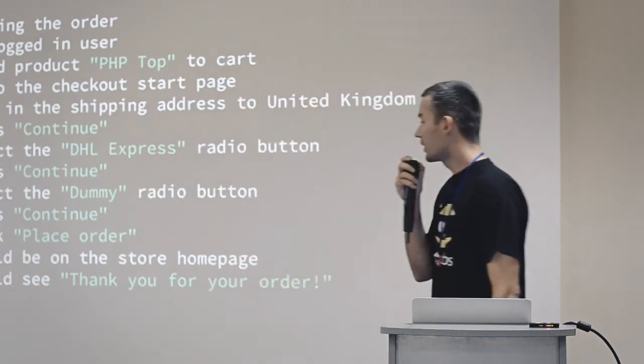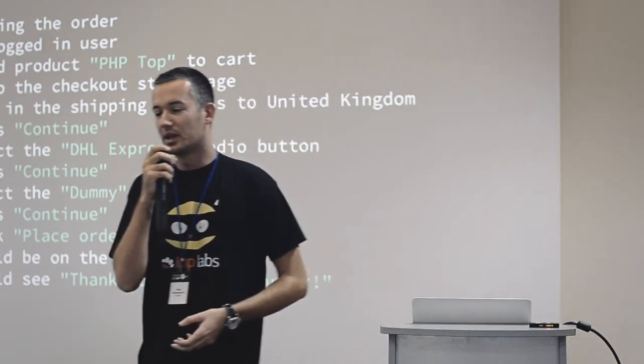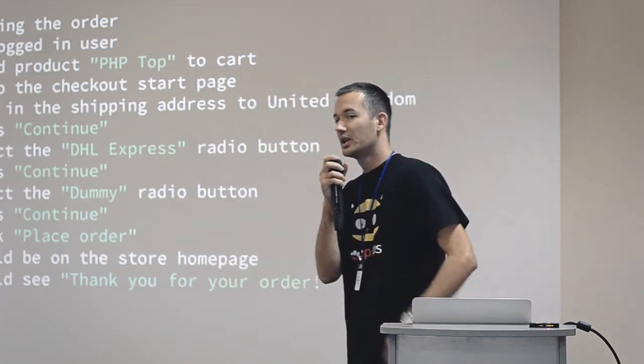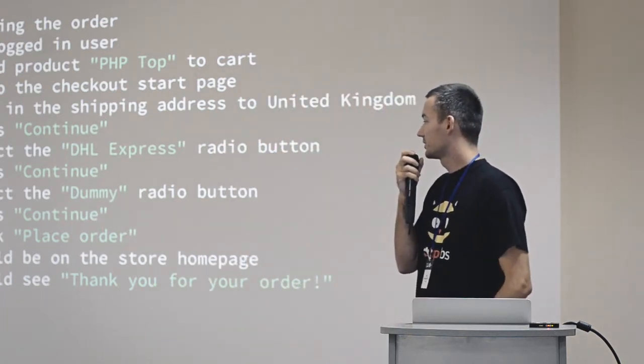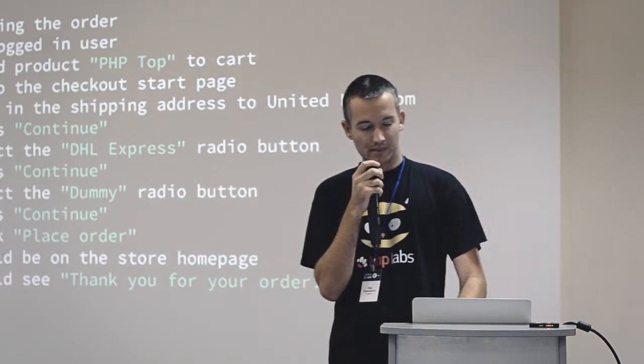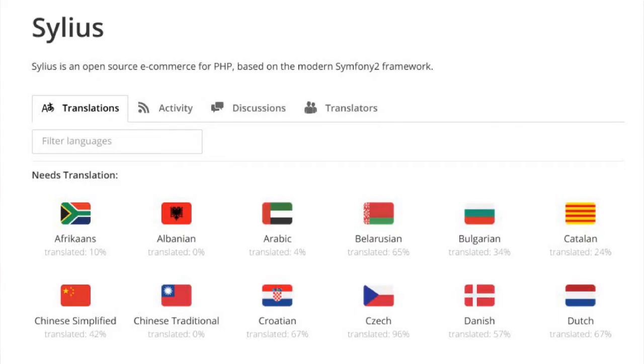So, when someone asks me about proper usage of Behat or some examples, I also point them at the Sylius repository, because there are a lot of scenarios and context classes that you can look at and learn from. We use the Crowdin service for translation.